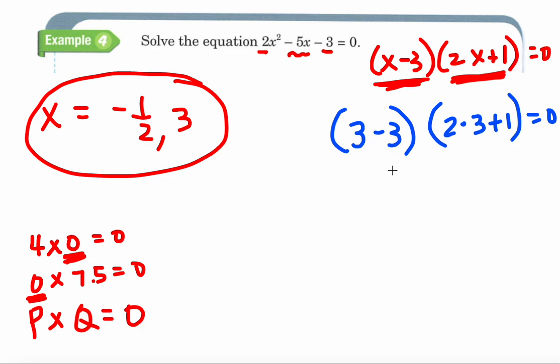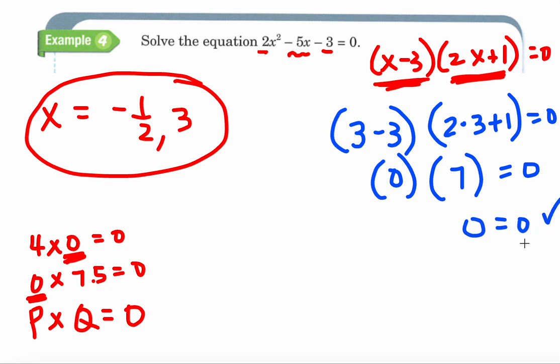Look at that. 3 minus 3 is equal to 0. 2 times 3 is 6. 6 plus 1 is 7. Actually, it doesn't matter what this number is because anything times 0 is going to equal 0. So that root of x equals 3 also satisfies this equation. So basically, you're trying to figure out the two numbers that will, and usually it's 2 if you end up with 2 binomials.